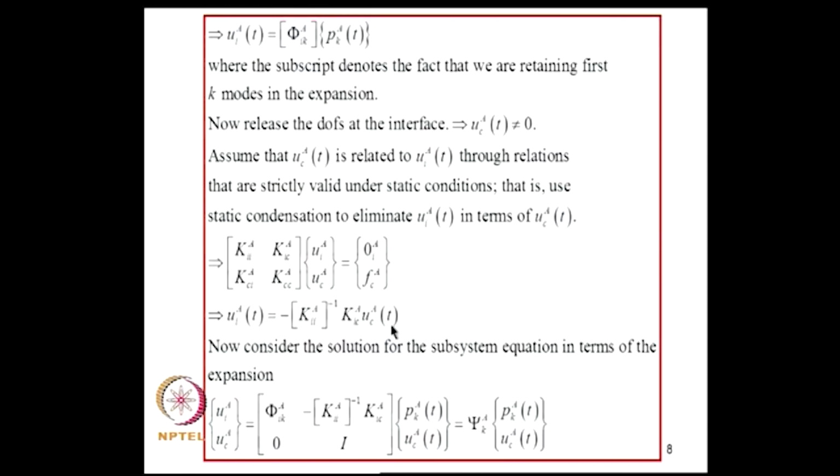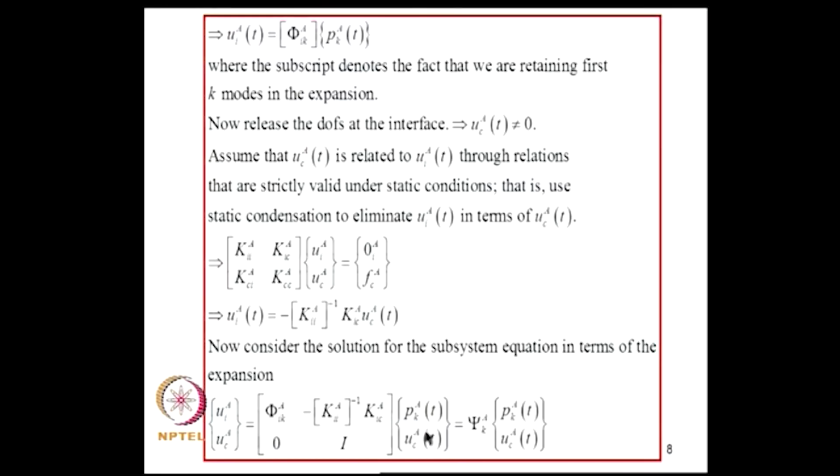Now, what I suggest, what we do is, the solution is taken to be the sum of, this is a solution that we assume. The unknowns that we take are the modes corresponding to the fixed interface degrees of freedom, fixed interface system, and the coupling degrees of freedom obtained through condensation, and this is the transformation matrix.